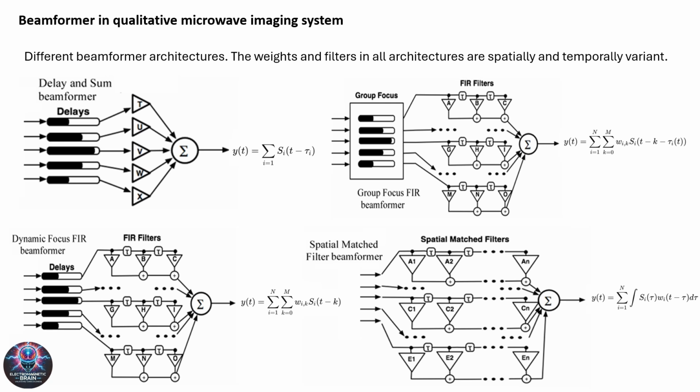Dynamic focus FIR beamformer architecture introduces dynamic focusing, where both the time delays and FIR filters are continuously adapted in real time. This dynamic focus enables the system to track changes in the brain structure or activity, such as moving tissue or active regions. The system dynamically adjusts both the spatial focus and the FIR filters over time, providing real-time adaptability.